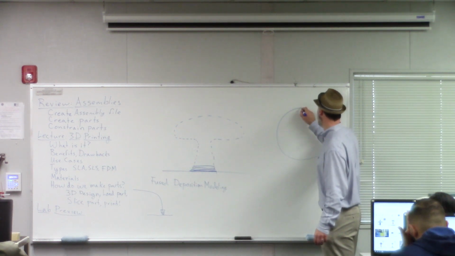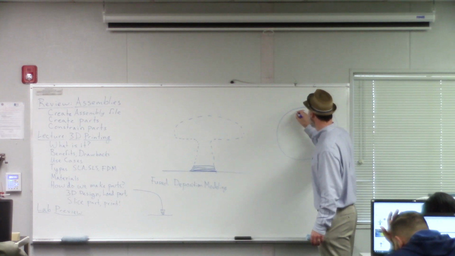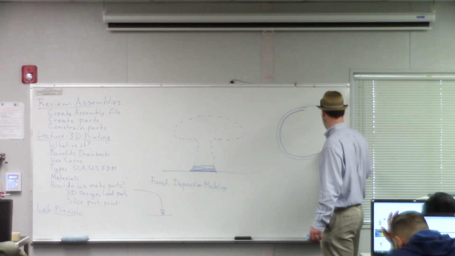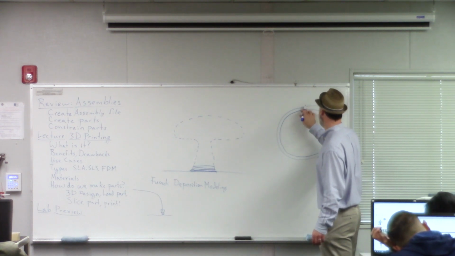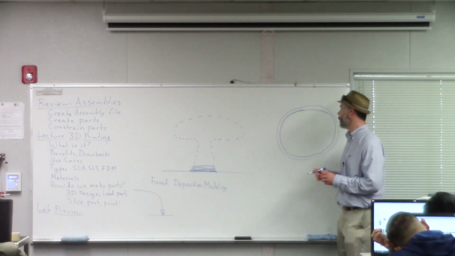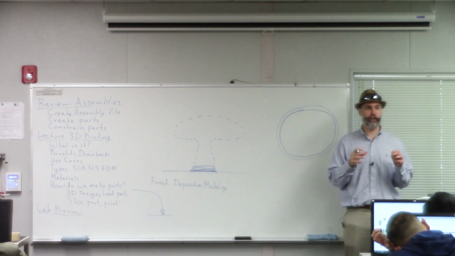Instead, what we think you want is for the outer wall to be solid. So that'll all be solid there. And then inside, you don't want it to be completely hollow. You want to have some structure there.